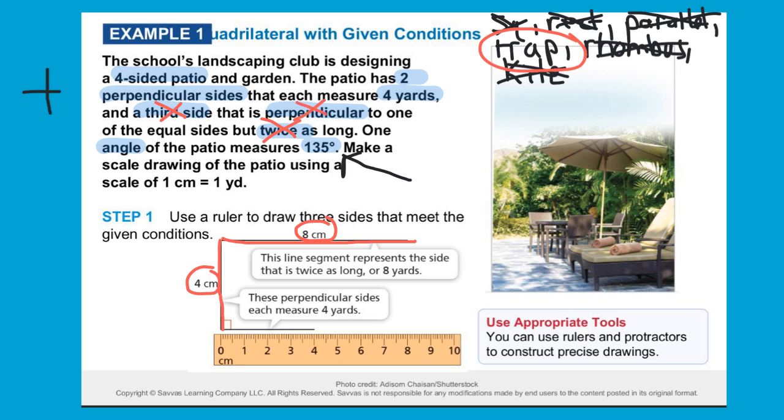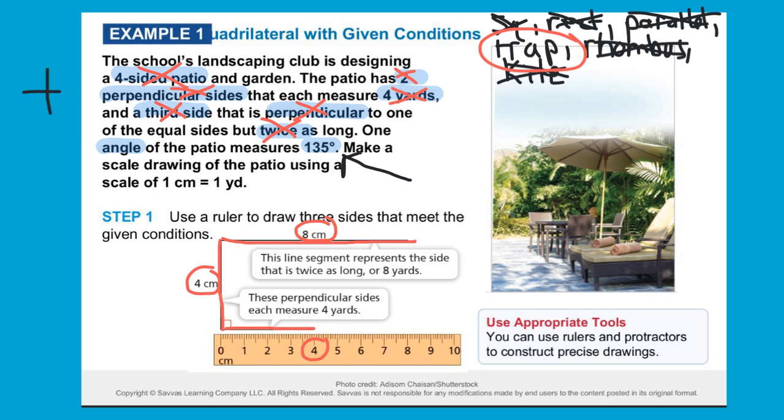I've got one of the sides is 4. This one, if you look, is also 4, so I've actually got both sides that are 4. I'm about to make 4 sides. I'm going to put the last one in. All I'm missing is 135 degrees.